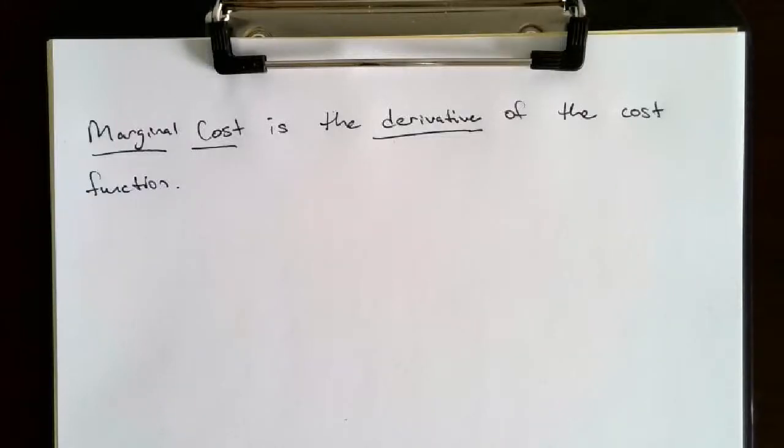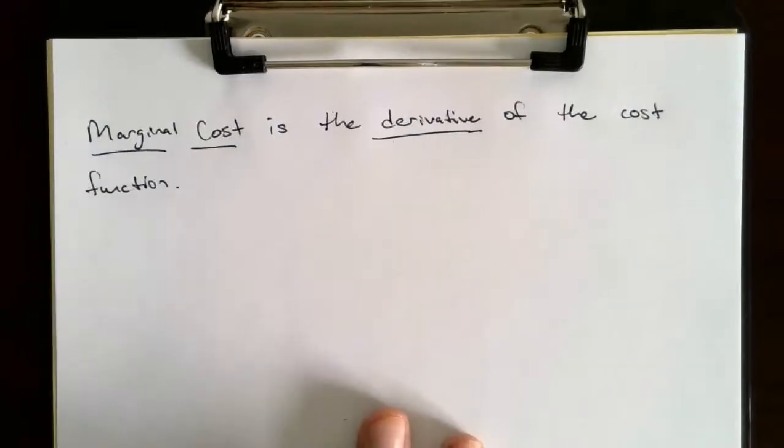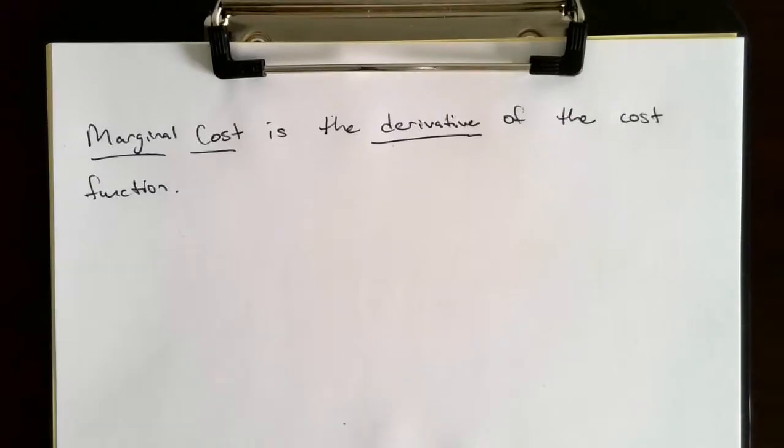This video is an applied example on using marginal cost to determine the cost function. So just as a quick definition here, marginal cost is the derivative of the cost function.